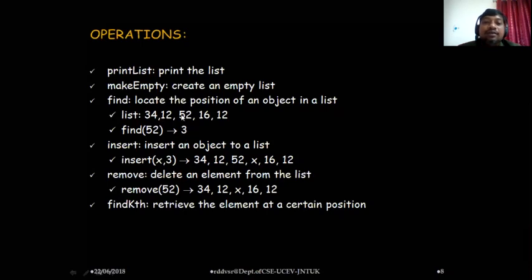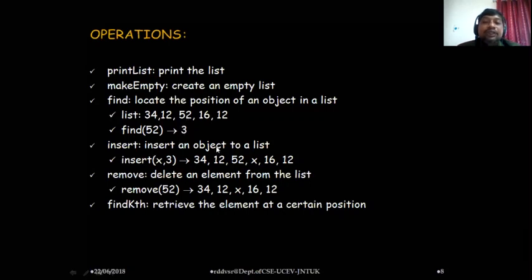If you observe here, 52 is positioned at the third location of the list. So find of 52 will give you the index of this element, that is the third index.